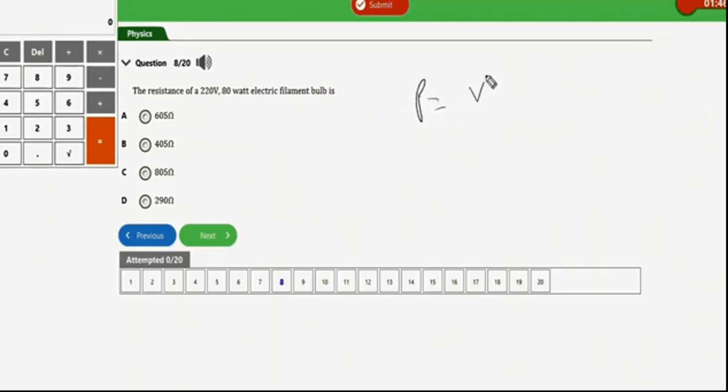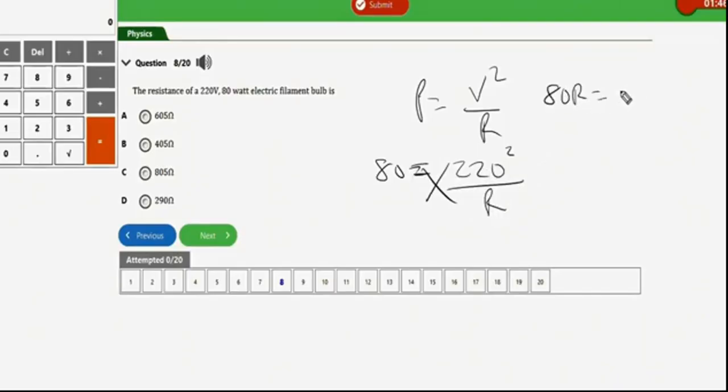Power equals V squared over R. We are looking for the resistance, so our power is 80 equals 220 squared over R. When you cross multiply, you have 80 R equals 220 squared, so divide both sides by 80.